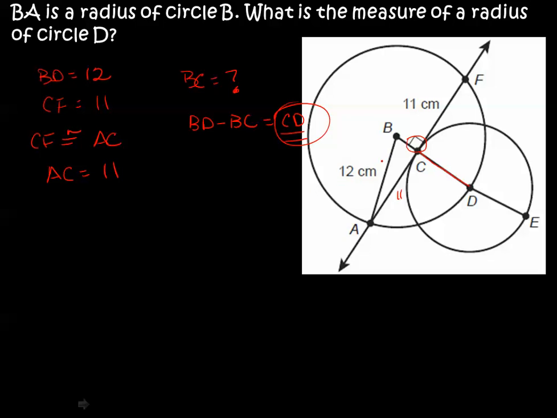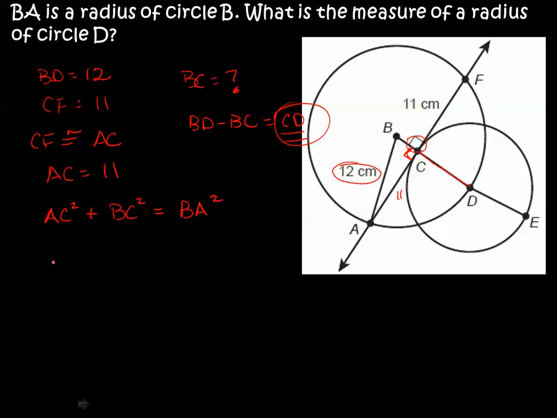So if we look here, we know we have a right triangle right here. So we can use the Pythagorean theorem to figure out BC. And look how we're going to do this. This is my hypotenuse. AB is my hypotenuse. So I'm going to have AC squared plus BC squared equals BA squared.